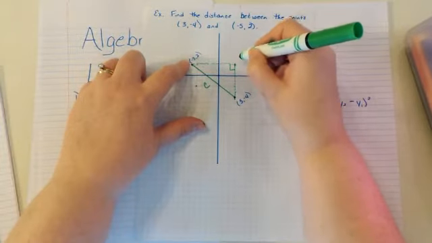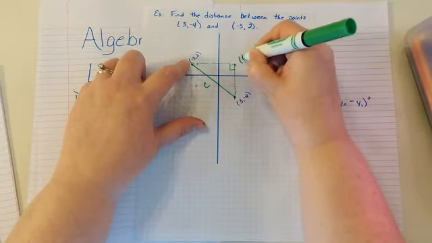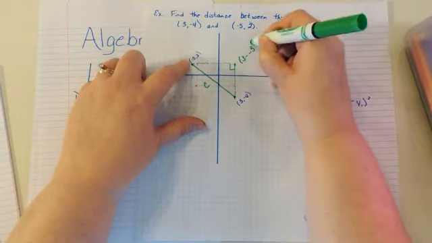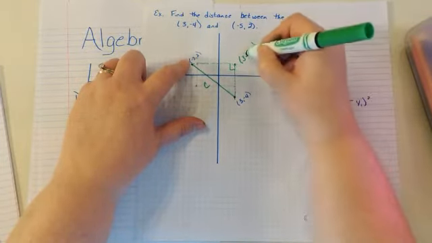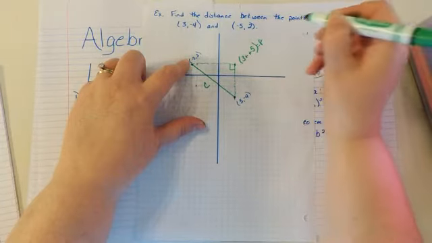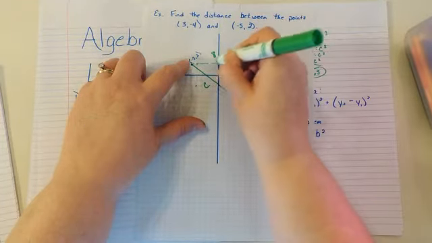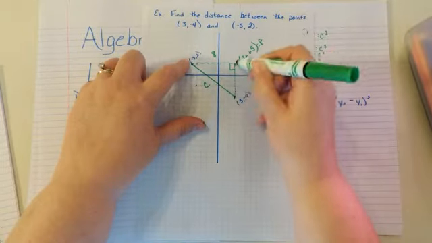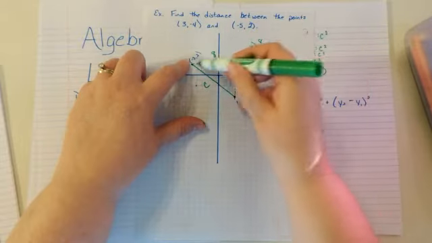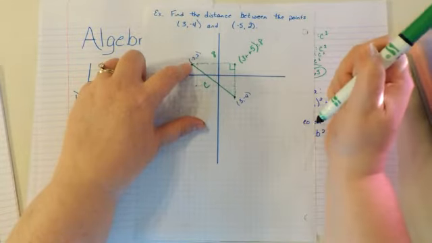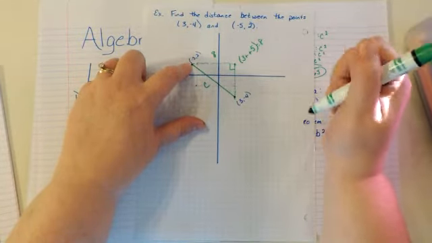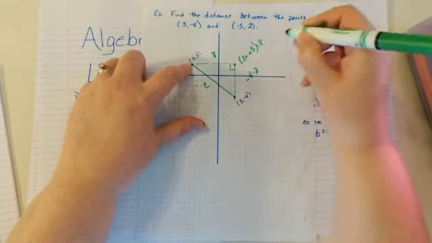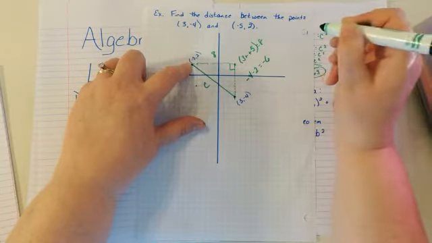So the difference in the x-coordinates is going to be 3 minus negative 5, which equals 8. So this distance is 8. This leg is the difference between this point's y-coordinate and this point's y-coordinate, and we can find that by subtracting. We'll have negative 4 minus 2, which equals negative 6.